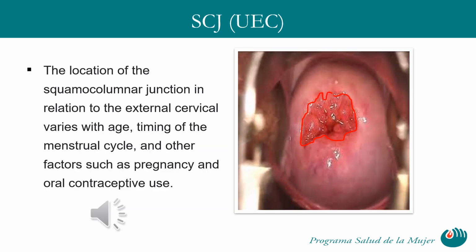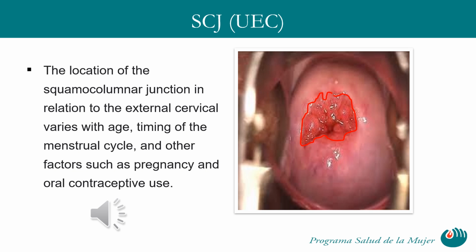The squamo-columnar junction, or transition zone, is crucial for cervical cancer screening. It is where the squamous and epithelial cells meet and is often where cervical cancer precursors develop. Its location can vary based on the patient's age, menstrual cycle, pregnancy, or the use of oral contraceptives.